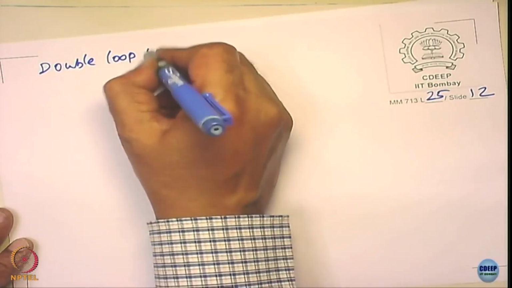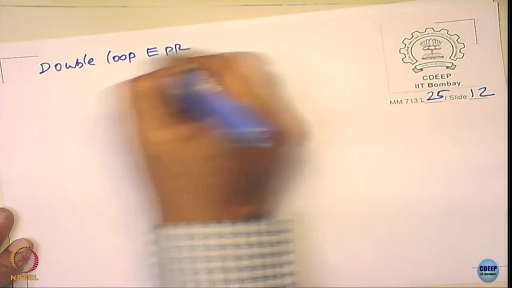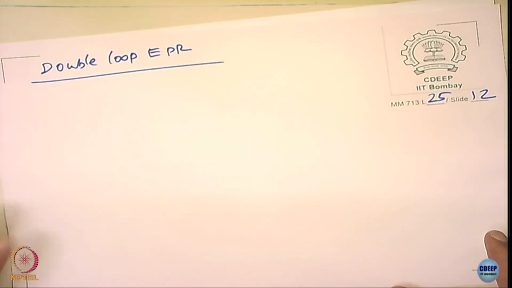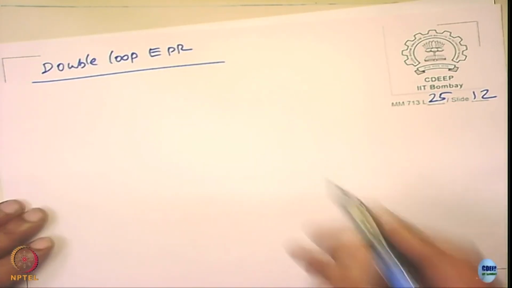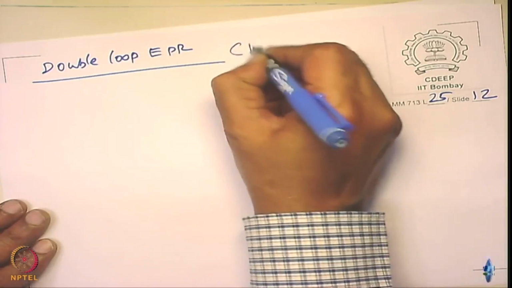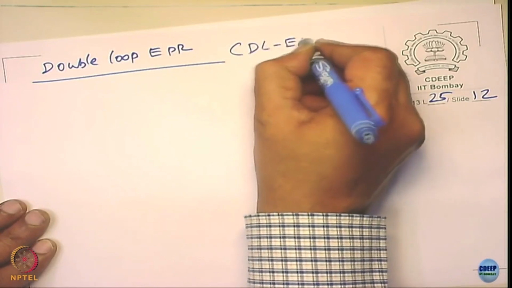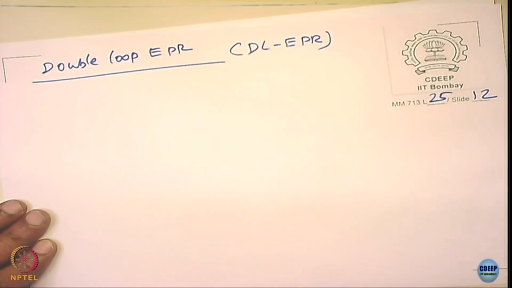It is the double loop EPR test, which is what you might be doing in the laboratory. This is also called DL-EPR.